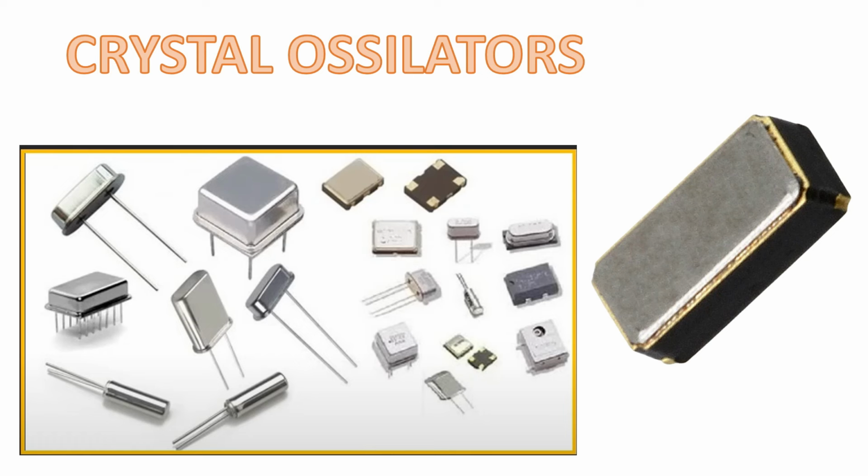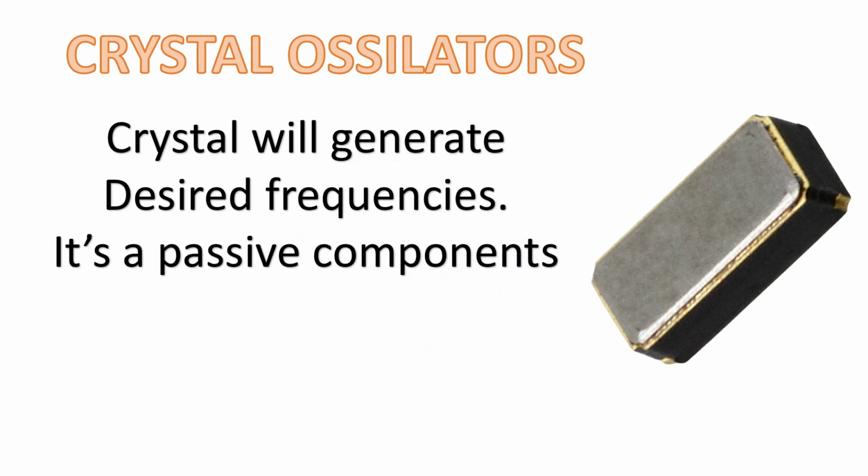Because of that, the big cell that used to be there is not required now. So the crystal will generate the desired frequencies. Crystal oscillators are passive components, and the crystal is dependent on oscillators. I already explained that thoroughly in a previous video. Please check my videos in this channel.